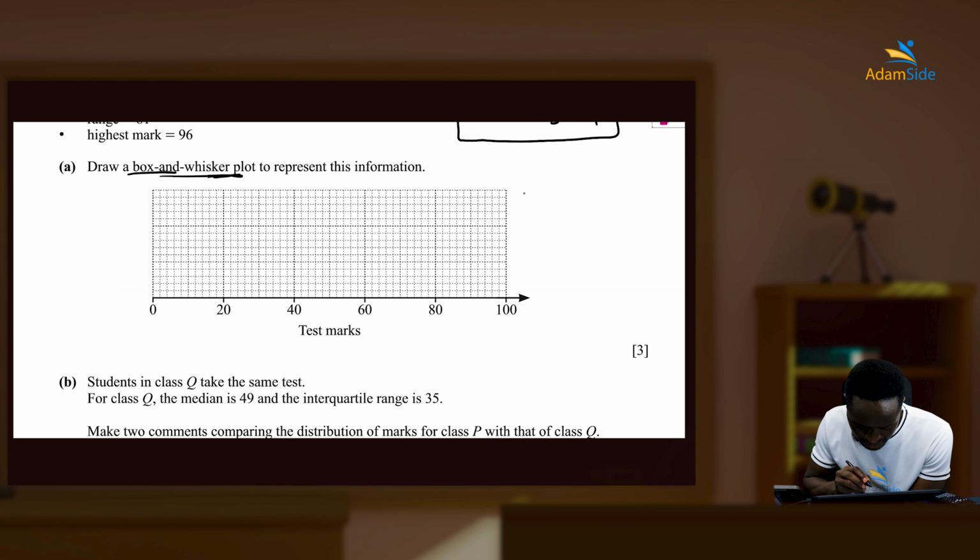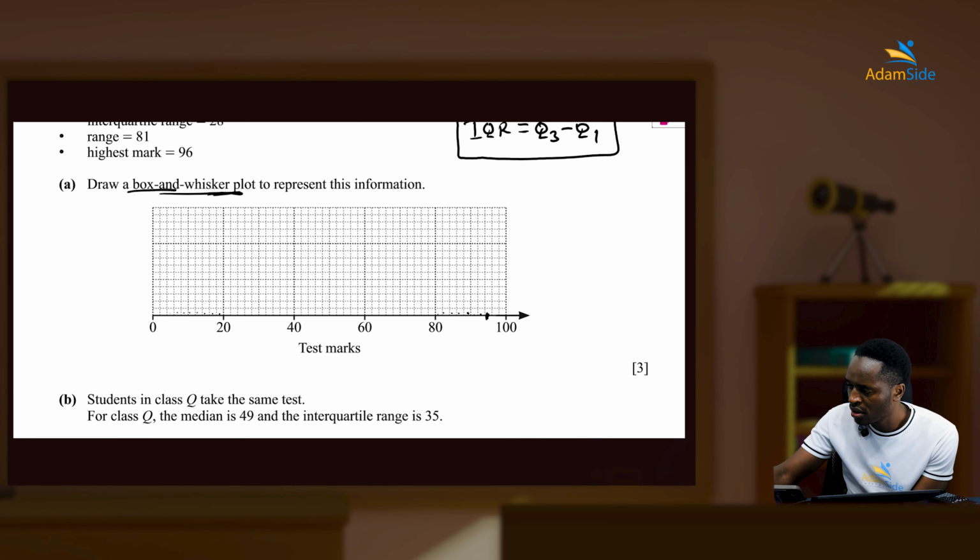We need to know the scale: each division is 2, so we count 90, 92, 94, 96 here. This is the highest mark, 96.